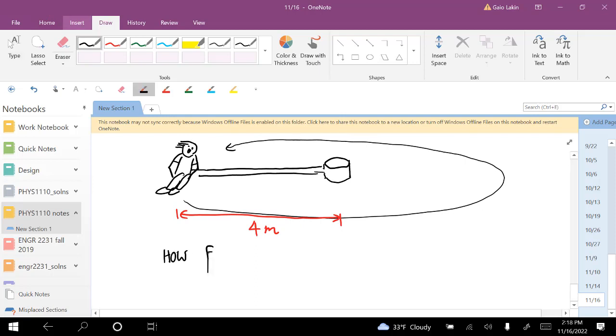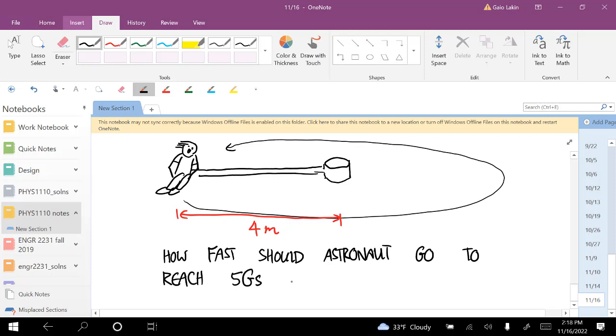How fast should the astronaut go? You know, what should the speed be to reach 5 Gs of acceleration?